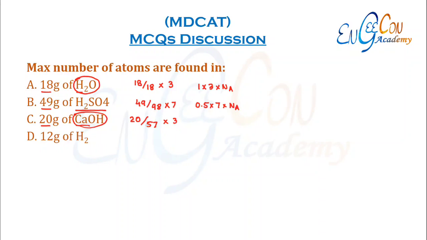So we have 20 by 57 roughly equals 20 by 60, which equals 0.3 into 3 into Avogadro's number. Then for 12 grams of H2, we have 12 divided by 2, 6 moles, multiply by, we have 2 atoms in each molecule. So we have 6 into 2 into Avogadro's number. So this value is largest, so it contains the maximum number of atoms.